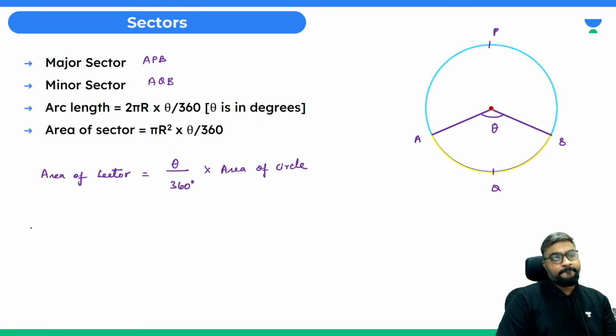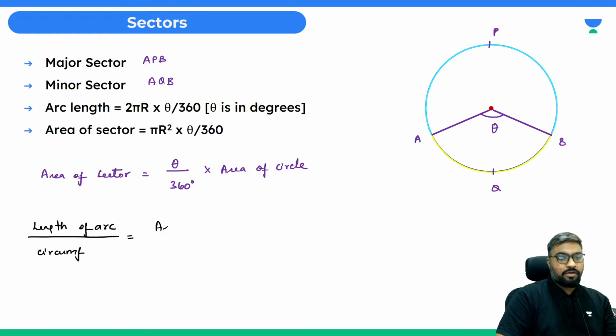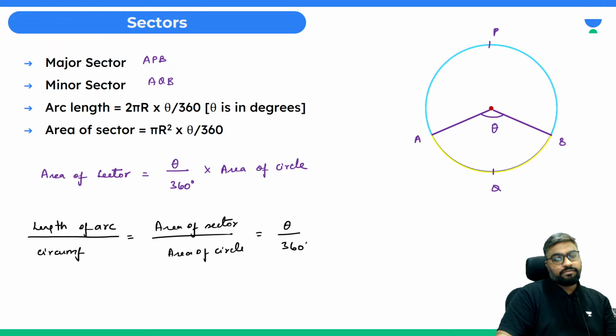Yes, so from this what do you understand guys? Can I say that length of arc by circumference of the circle will be equal to area of sector by area of the circle, will be equal to theta by 360 degrees.